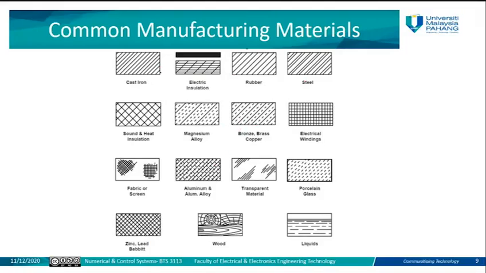So each material is also represented by lines, and you can see the difference between all these lines. This is the standard representation for the manufacturing materials that they use to produce the products, and it will be shown or mentioned in the engineering drawings.